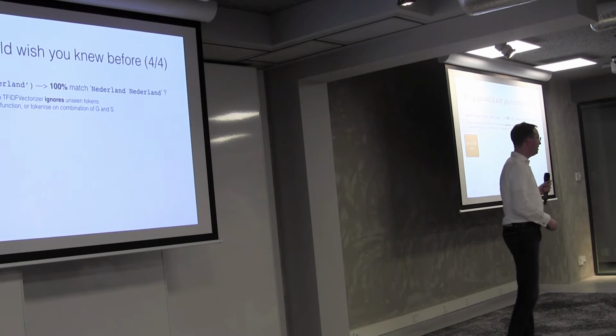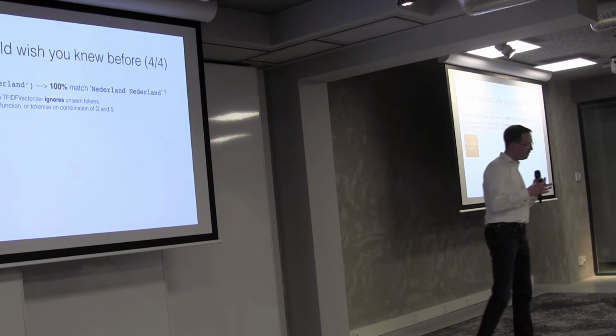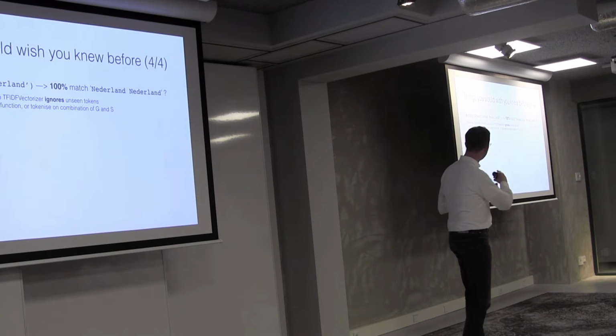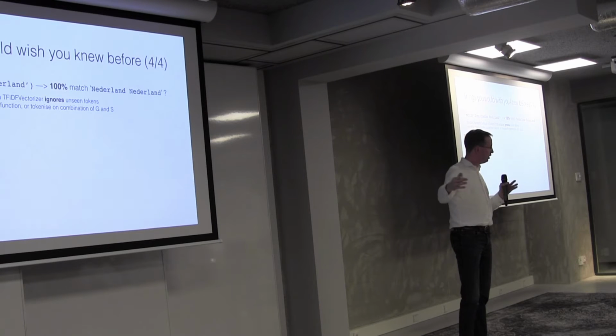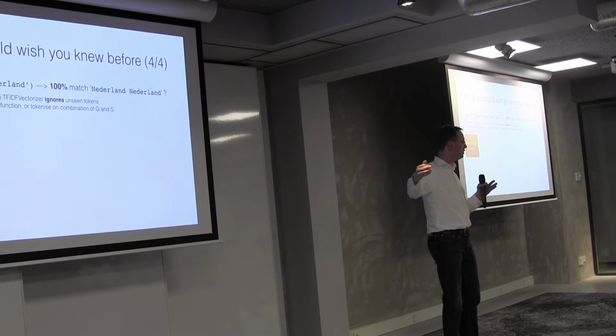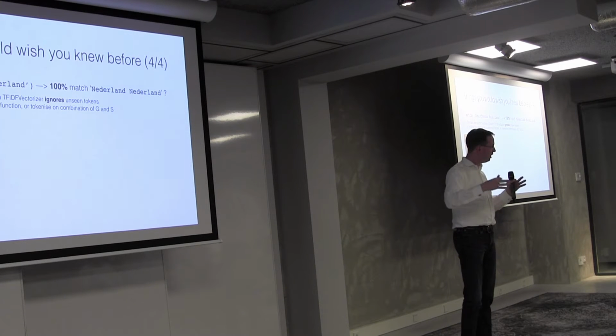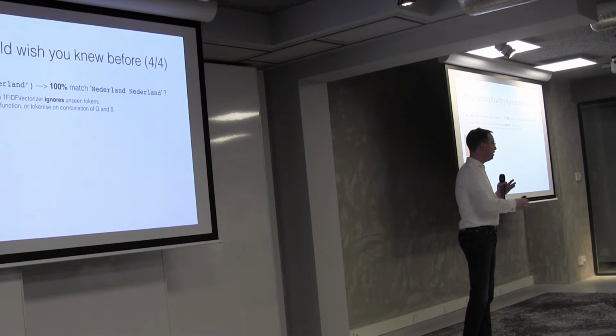I wanted to ask how the inner product works if it has tokens that do occur in S or G, but not in the other one. Yeah, you can follow two strategies. Either you build your own transformation function in which you add a few elements to the vector and then cut it off after normalization, and then do the inner product.